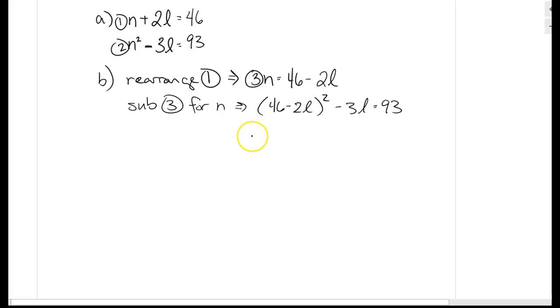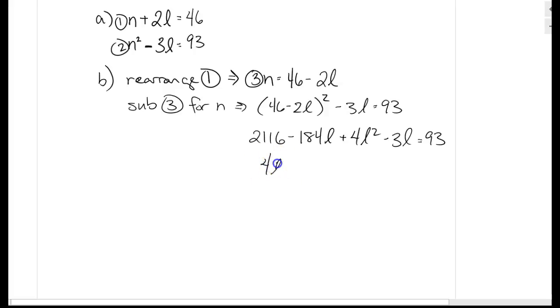So 46 squared is 2,116 minus 92 times 2, which is 184l, plus 4l squared minus 3l equals 93. Now again, I'm dealing with a quadratic, so I need to get it in general form.